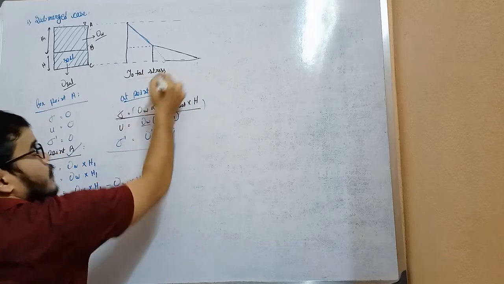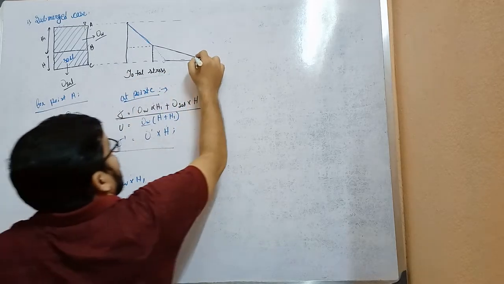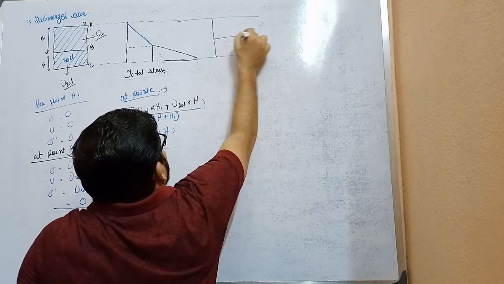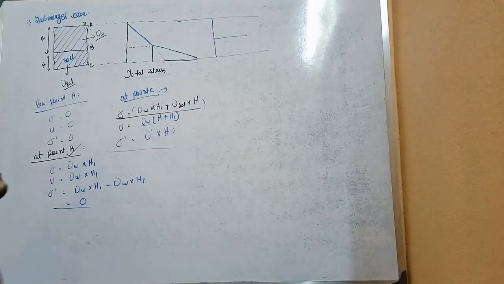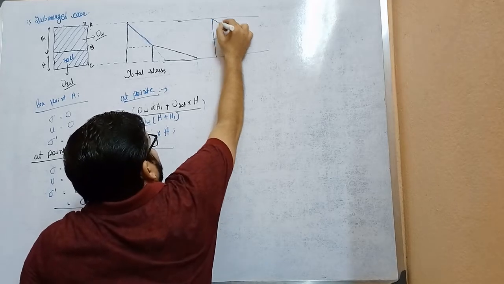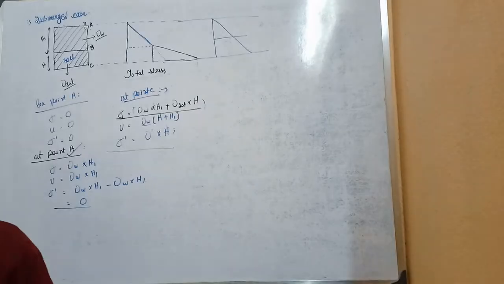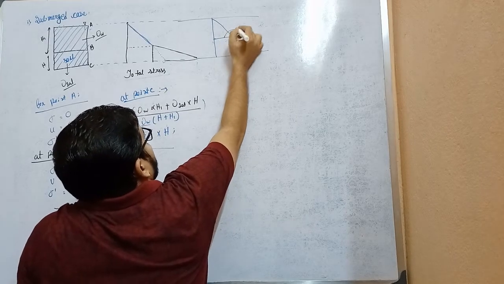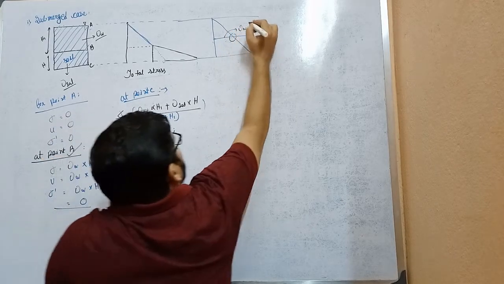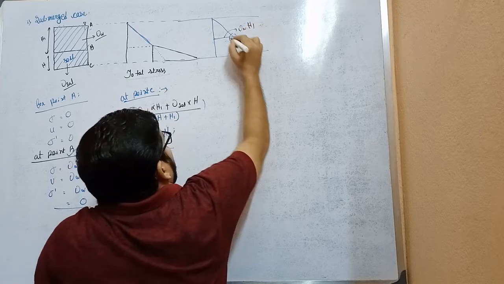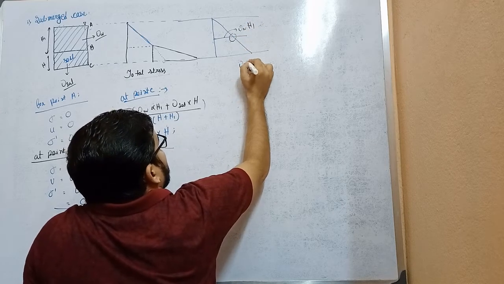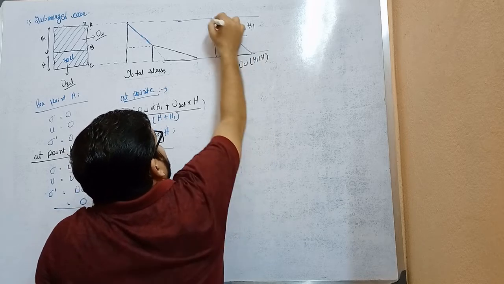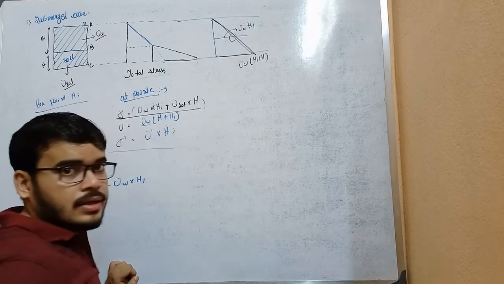And now this is the diagram of total stress. Now look into the diagram of pore water pressure. Here it will be like this. Okay. The slope will not change at this point. Here gamma W into H1 and here gamma W into H1 plus H. It will come in a triangular manner.